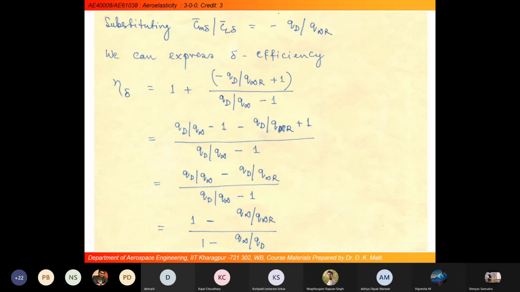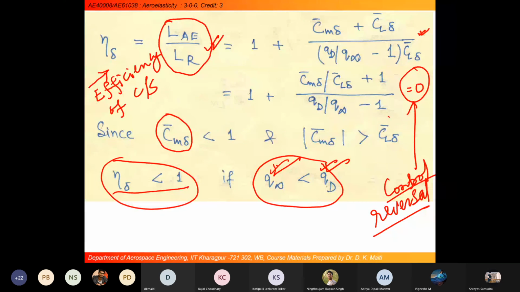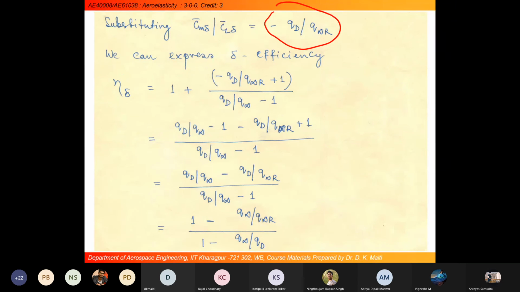Substituting this in the efficiency equation, whatever we have calculated earlier, we can express eta delta is equal to 1 plus, in place of Cm delta bar divided by Cl delta bar, I am substituting this relation.